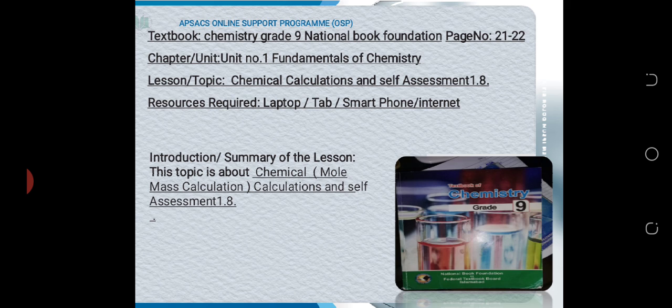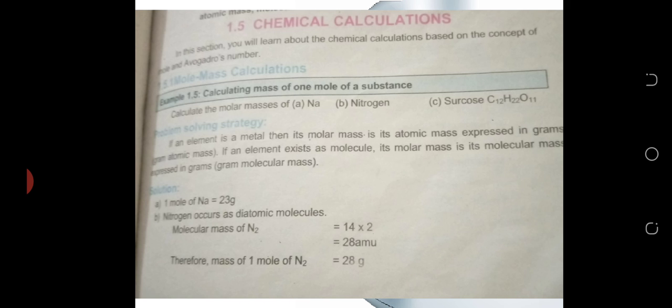Introduction and summary of the lesson: this topic is about chemical calculations, mole mass calculations, and self assessment 1.8 that we will do in this chapter. In today's lecture, we are going to find out the different mass mole calculations.